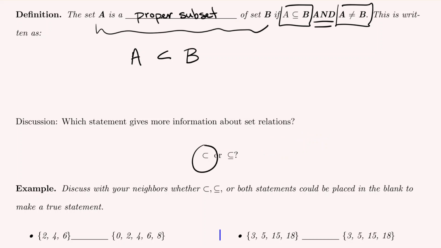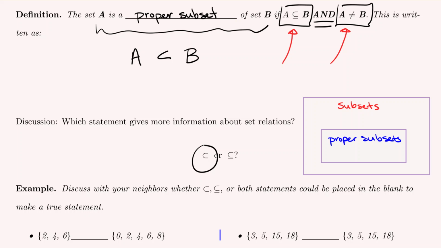The proper subset gives more information, because a proper subset tells us not only is something a subset, but it also meets the additional criteria that the two things are not equal. So as proper subsets include being a subset itself as part of the definition, we could say that all proper subsets are actually regular subsets.